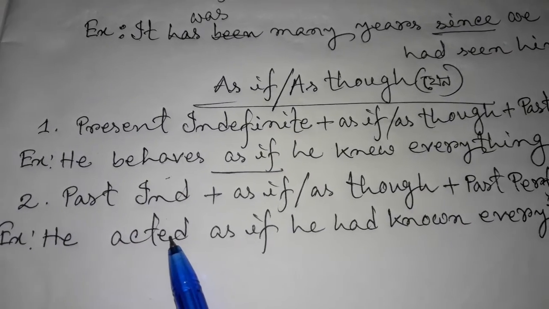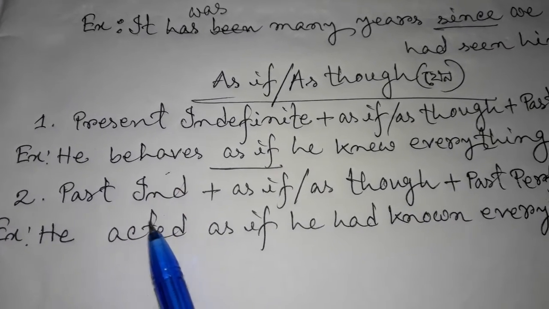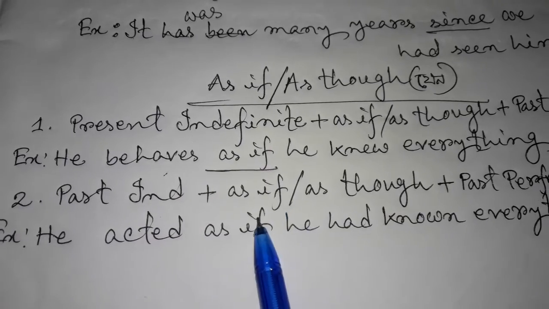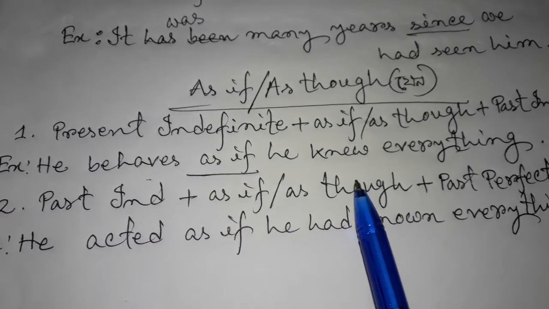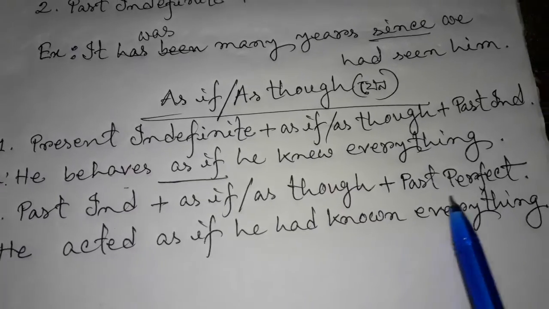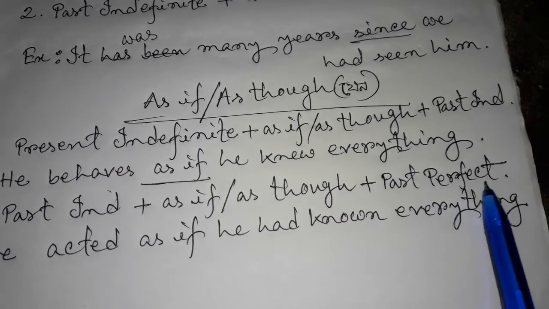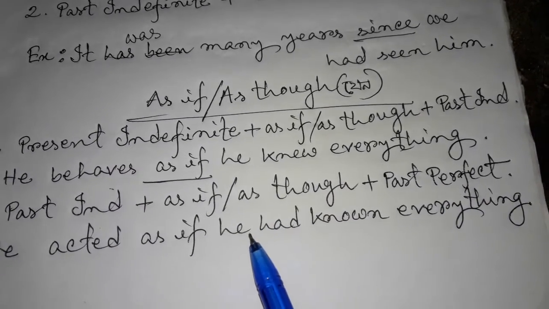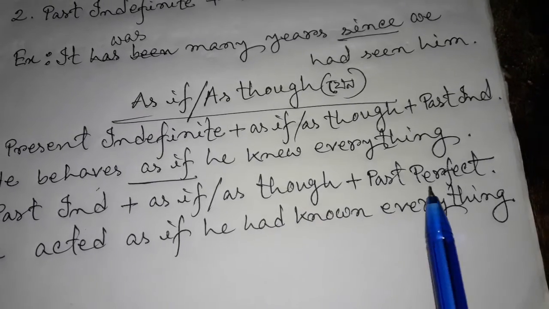Example: he acted, example of past indefinite tense. He acted as if he had known everything. Past perfect. He had known everything.